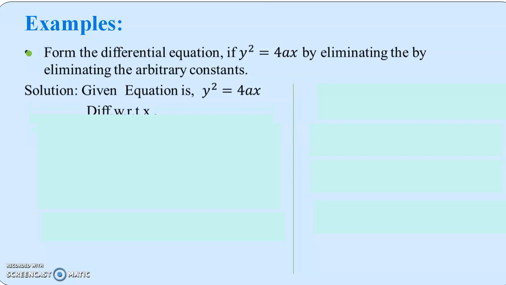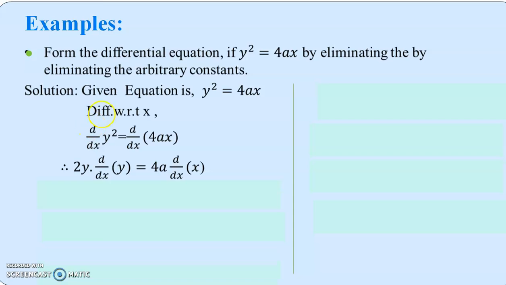So the first step is differentiate with respect to x. The derivative of y square is equal to the derivative of 4ax. Just take the derivative of both sides. As we know, the derivative of y square is 2y into dy by dx, is equal to, here 4a is the constant term, so just write down this 4a first and then take the derivative of x.